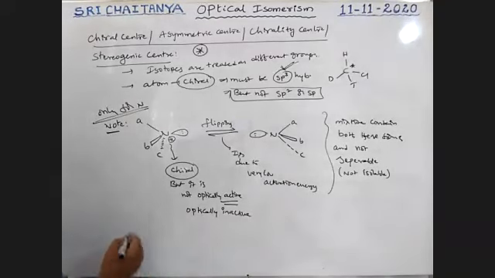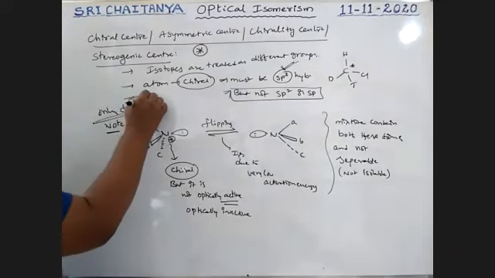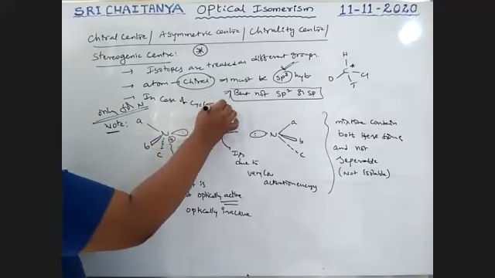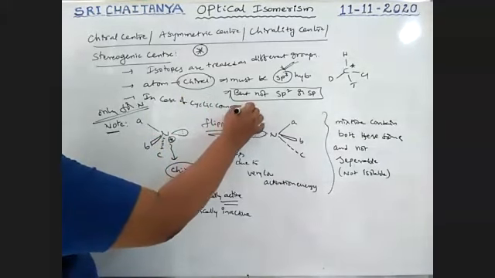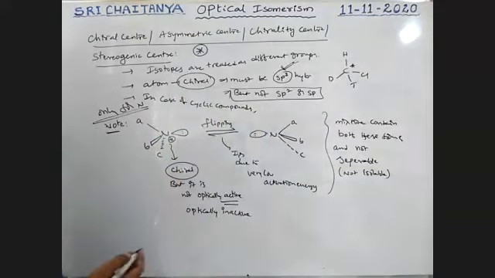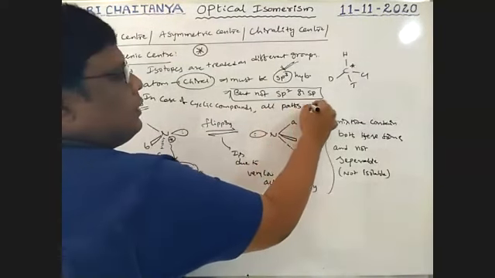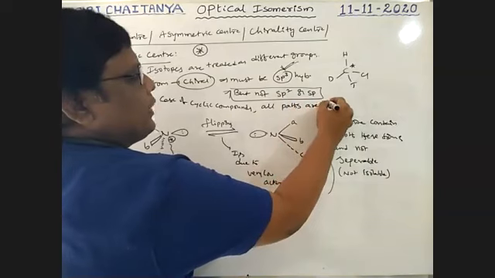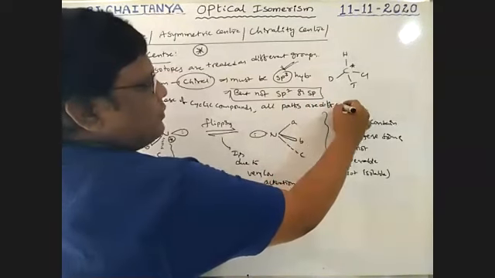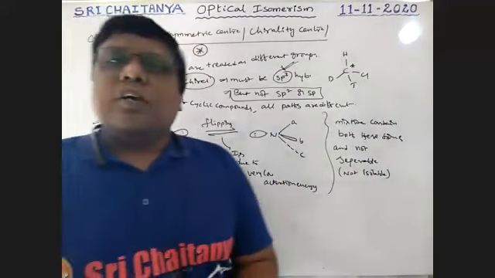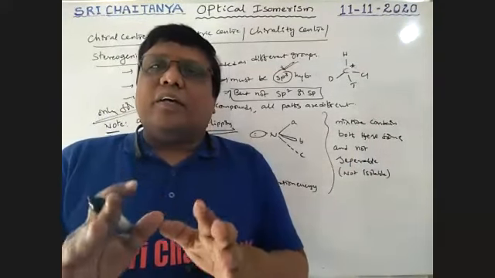Next, in the case of cyclic compounds, all paths are different. I will explain with an example. Please wait. All paths are different. That is the chiral condition, boys. So we must identify chirality.